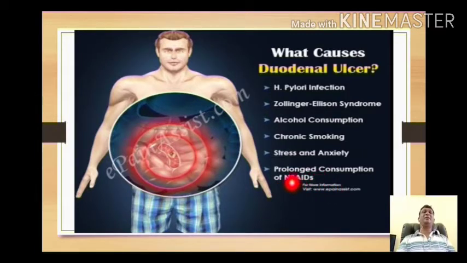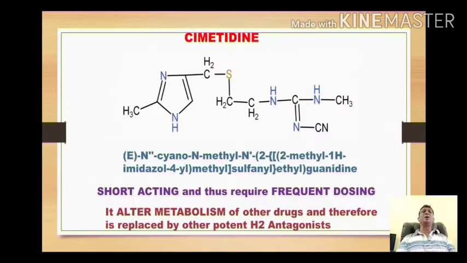So that acid secretion will cause the ulcers, and to treat those conditions, the H2 antagonists and the proton pump inhibitors are highly useful. So let's move on to the first individual drug belonging to the category of H2 antagonists.